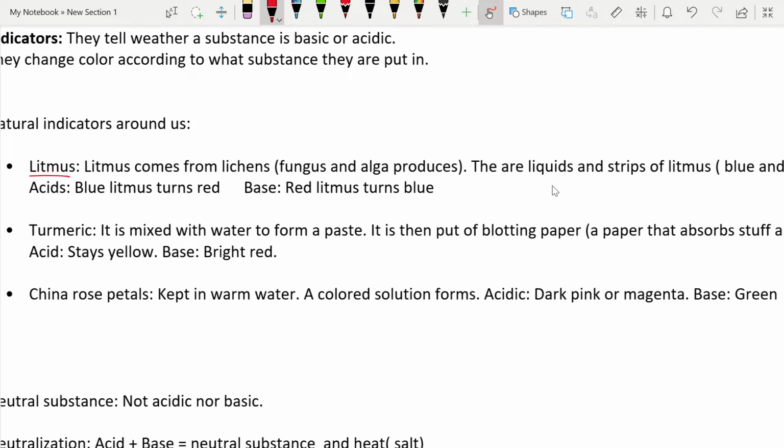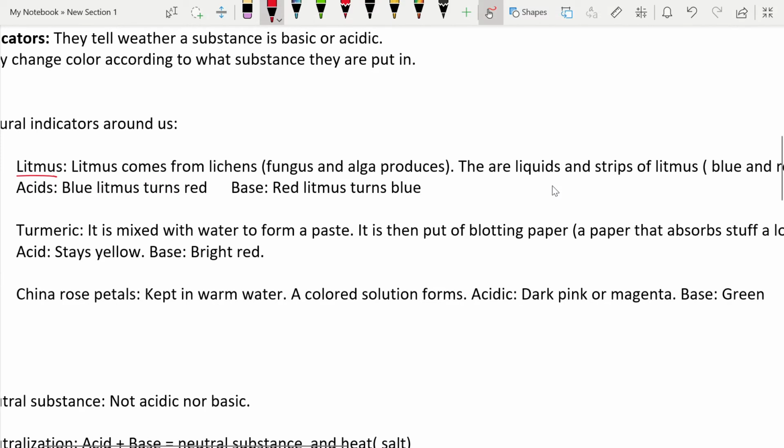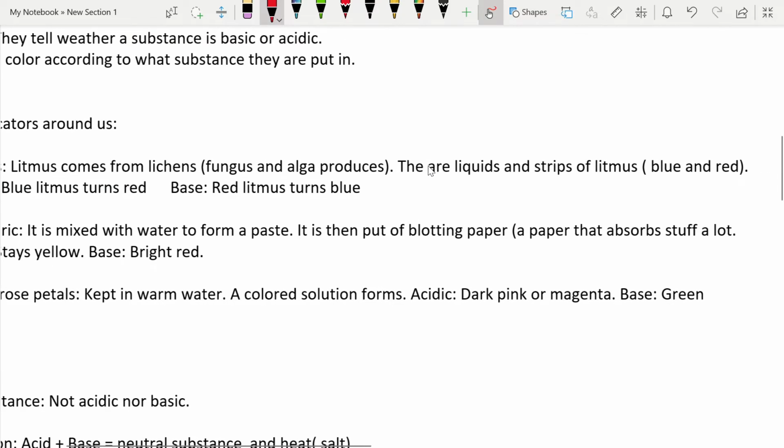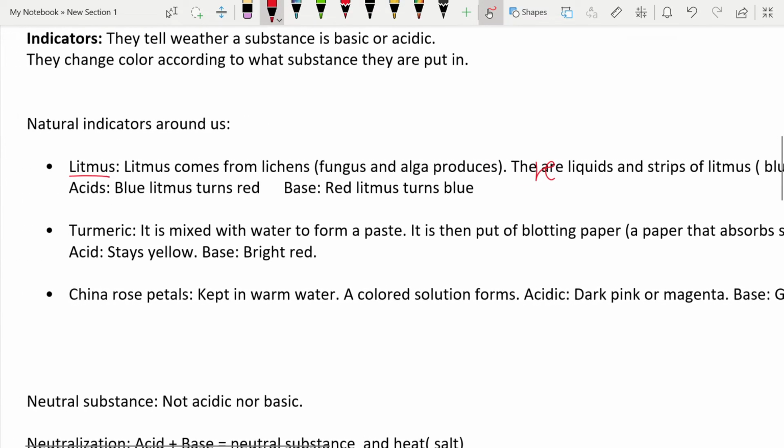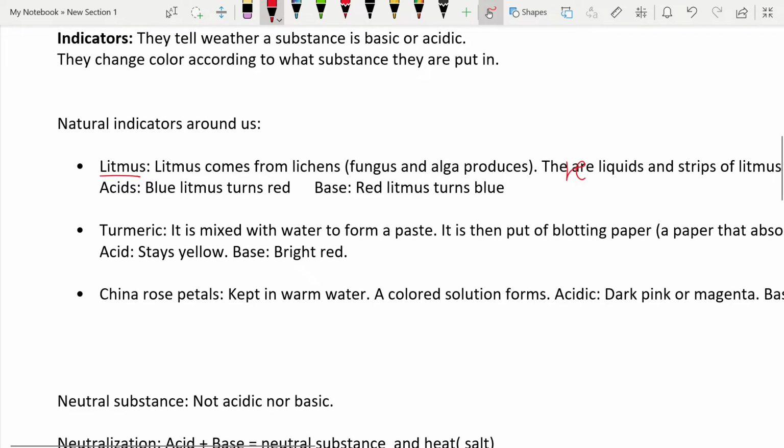They are liquids and strips of litmus, which come in blue and red color. Blue litmus turns red when you put it in acids, and in bases, red litmus turns into blue.